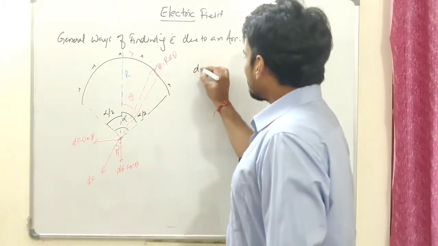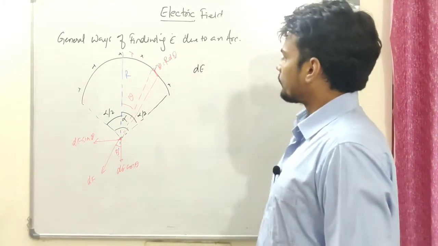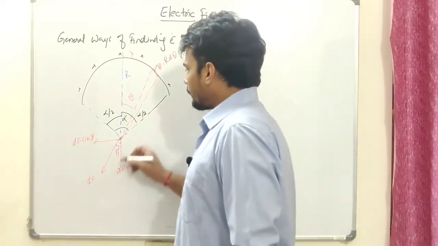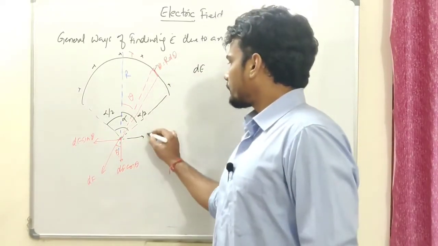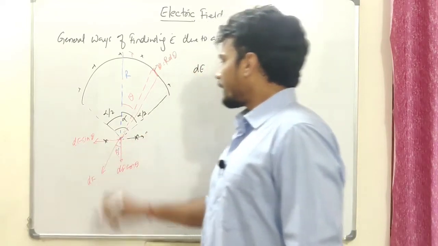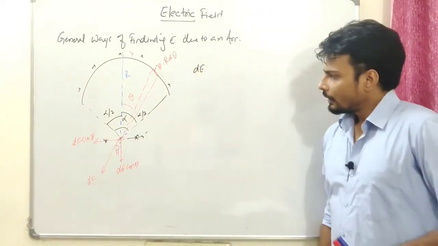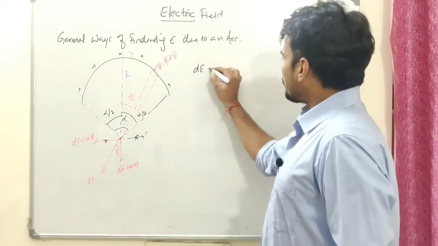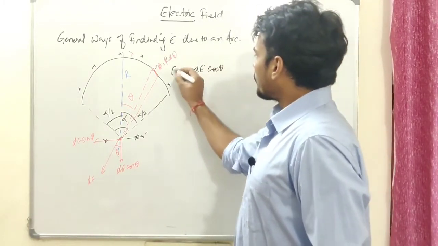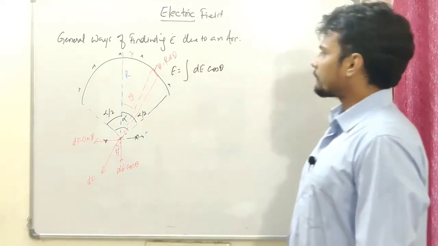Let's find the dE, the small field over here, and then you can see that because of symmetry, this part will be nullified, because this part and this part are going to cancel. So ultimately what I need to find is the dE cos theta, right? To find this E, I need to do integration, the standard method of doing that.